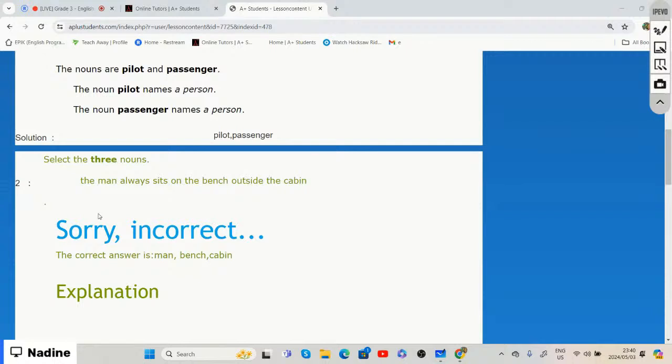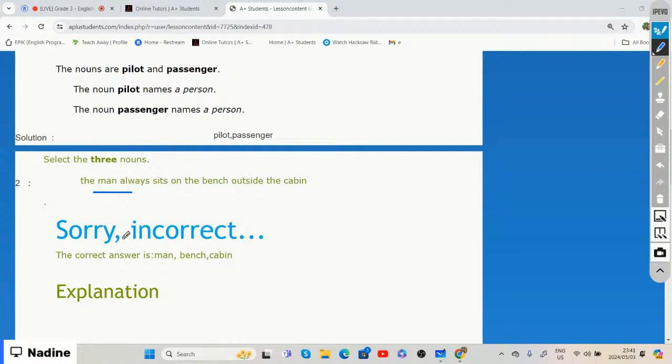All right, so if we look at the three words that we are going to identify, yes, man, that's correct. So man, bench and cabin. So well done, well done.